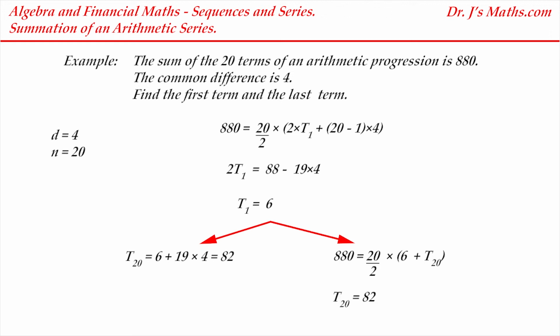Simplify that, we get T20 is equal to 82, just the same. Whichever way you see on the day, it doesn't really matter. You've got to keep your options open to say, yes, I can do it in 2 ways. How do I feel today?